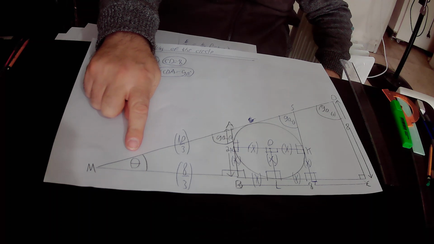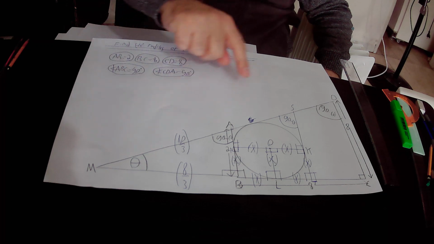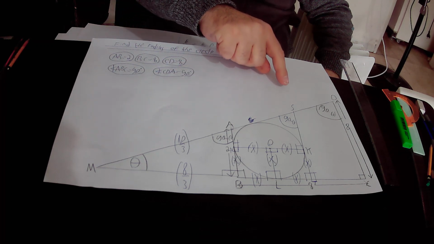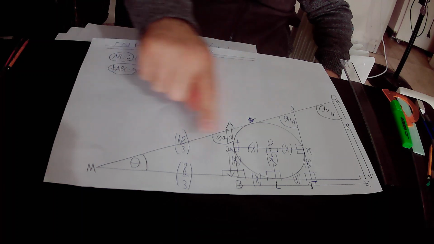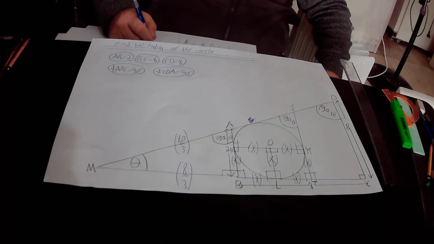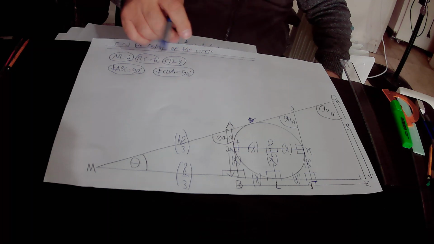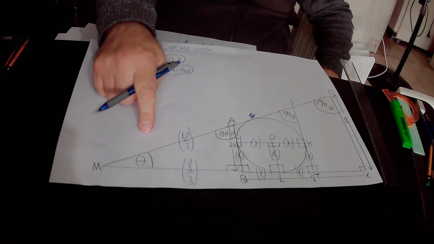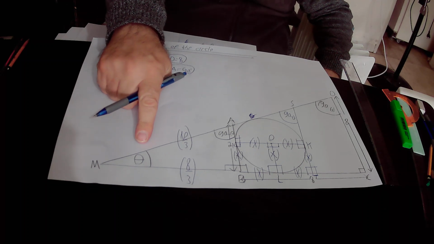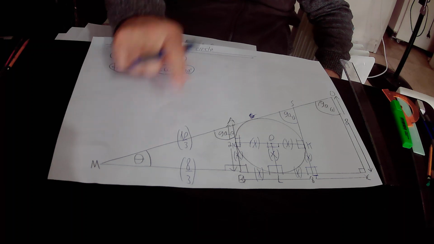If we relate to this angle theta as it belongs to the right middle triangle, triangle STM, it will be defined as angle SMT. And it equals itself. If we relate to angle theta as it belongs to the right small triangle MBA, it will be defined as angle AMB.